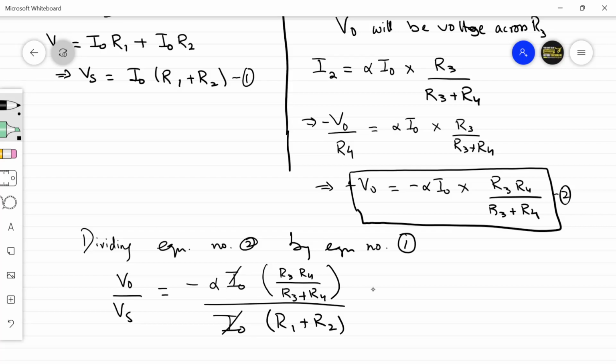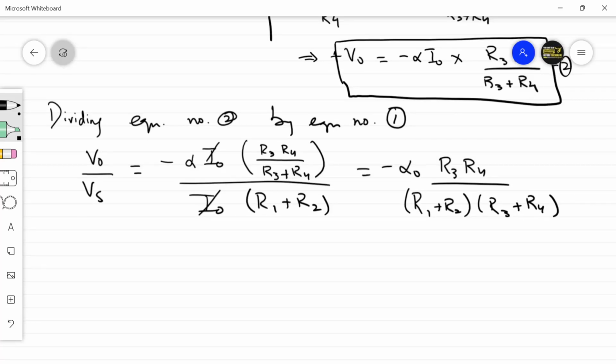I naught and I naught cancel out, so this is equal to minus alpha R3 R4 divided by R1 plus R2 times R3 plus R4. So this is the value of V naught by Vs that we are obtaining.